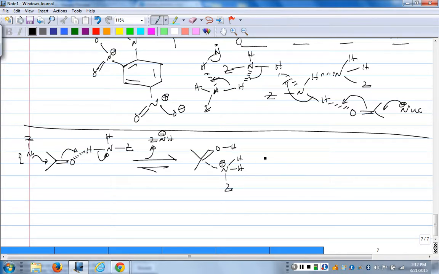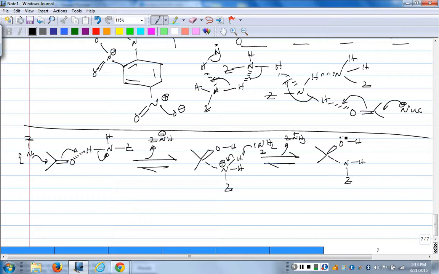Right, and so of course what happens next is another ZNH2, and you can probably tell where this story is going. Another ZNH2 comes in, pulls off the proton, and that generates this species. All right, so I get OH, NHZ, and I will lose ZNH3 plus.